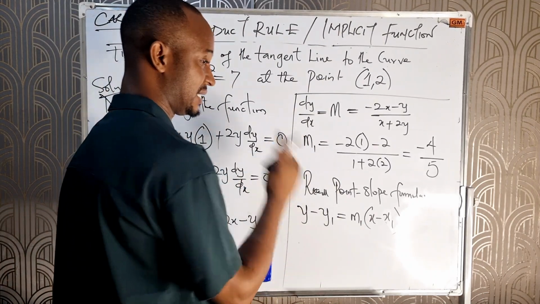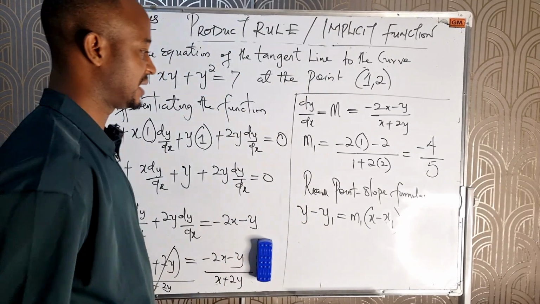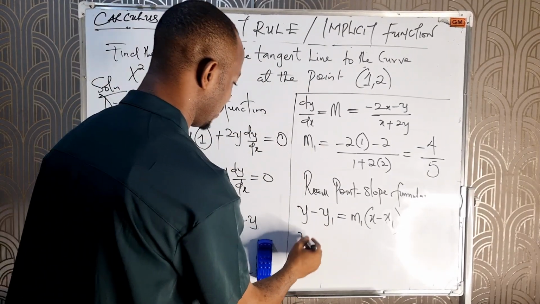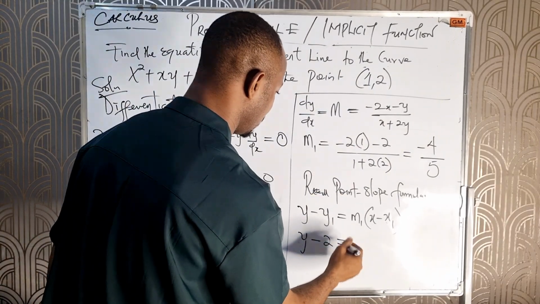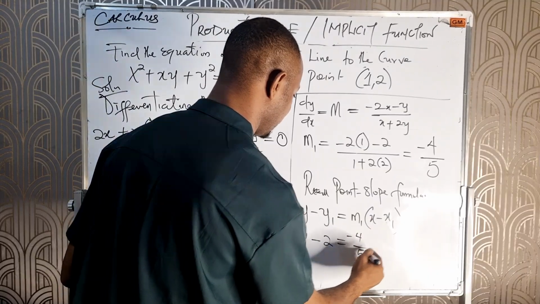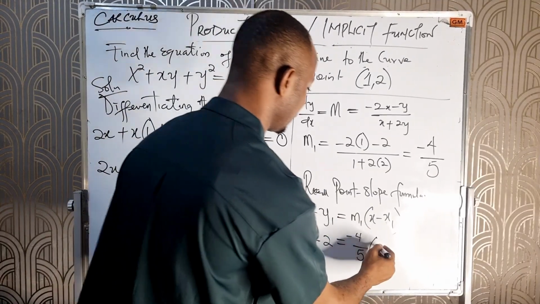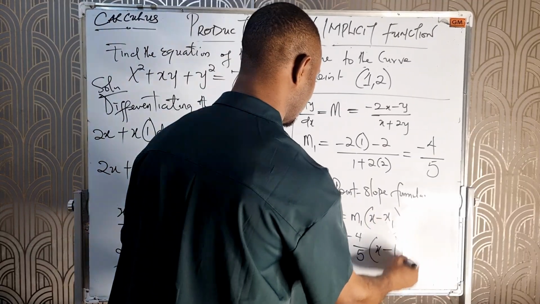Likewise, m1 represents the slope of the tangent line, right? So let's put in our value. We have y minus our y1, which remains 2, equals our m1, which is minus 4 over 5, in brackets, x minus our x1, which is 1.